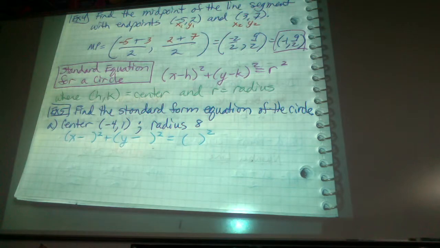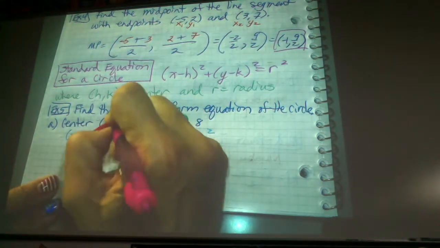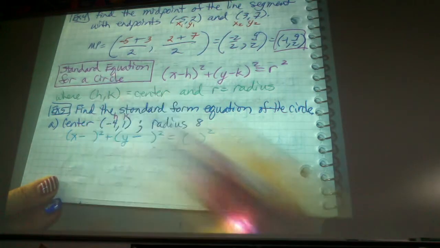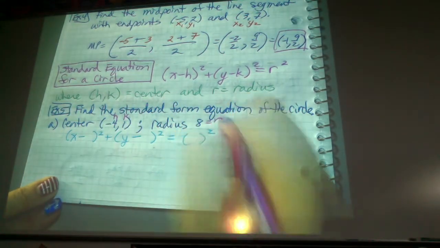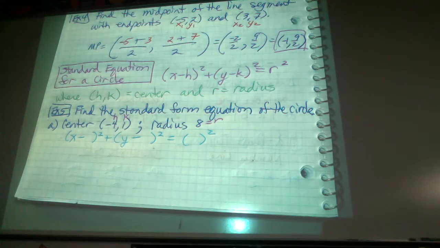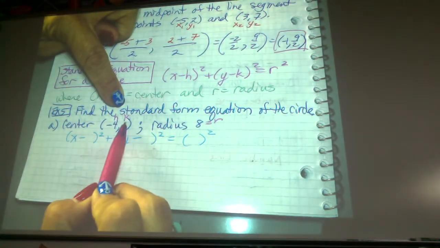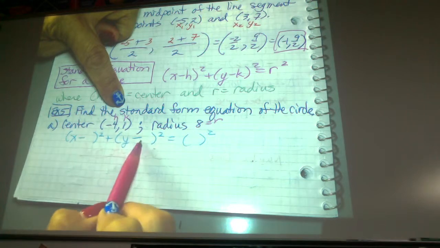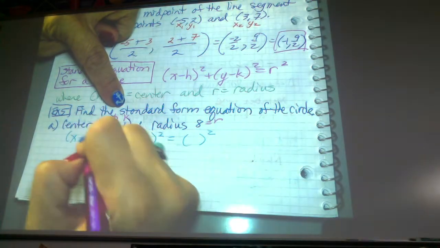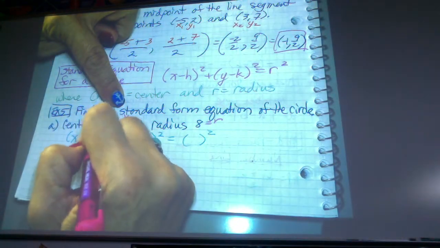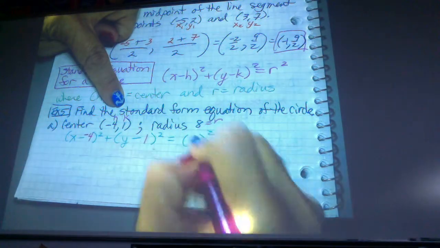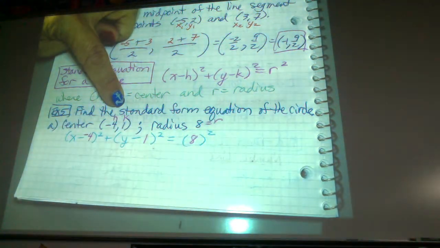You should not be substituting for y or x. And then this is my h, this is my k, and this is my r. So if I substitute in negative 4, and h comes before k, x comes before y, so that's how you can remember what order to put them in. So the negative 4 goes here, positive 1 here, and 8 here.